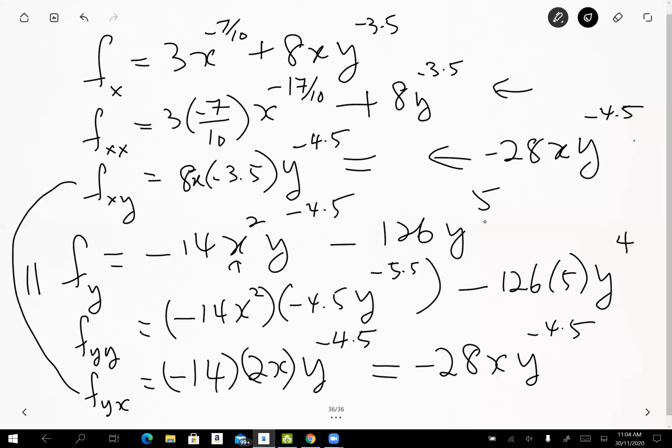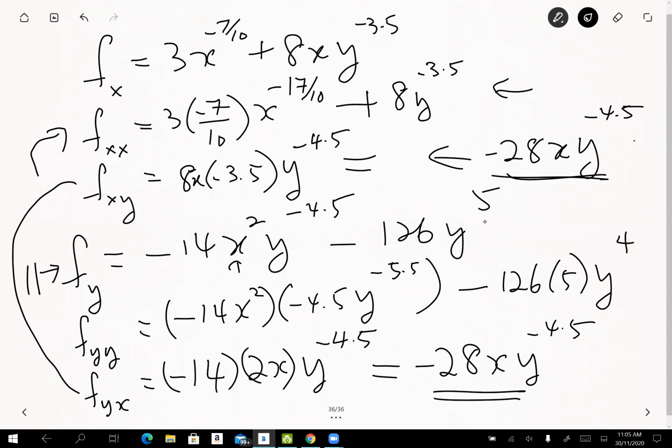So, as you can see, they are the same. So in other words, we are correct. You got fx is correct, and that comes from fx. So fyx is equal to that thing, which is equal to fxy, I'm sorry. That indicates our fy was right. Make sure this is not an assumption, it must be true.